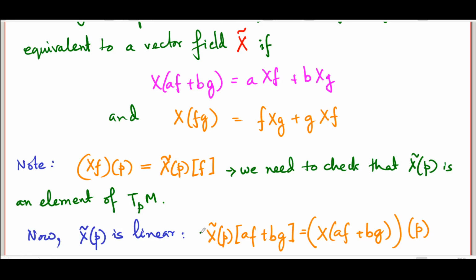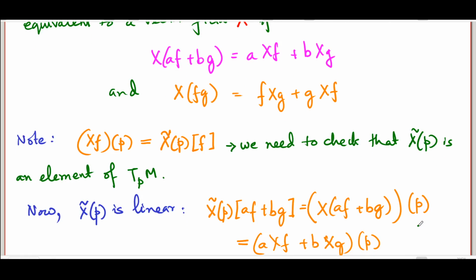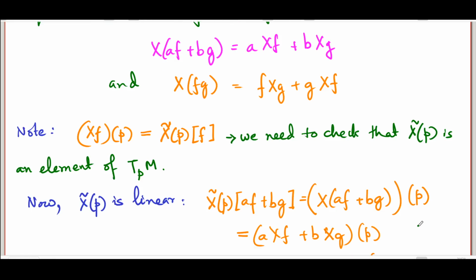If X tilde p acts on af plus bg, then by our definition, this is how you defined X tilde p in the first place, it is going to be X acting on af plus bg, this function's value at p. And of course, because of the property that we have assumed for X, this is going to be a times Xf plus b times Xg, this composite function's value at p.